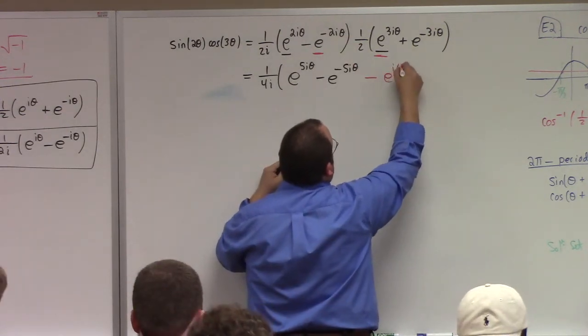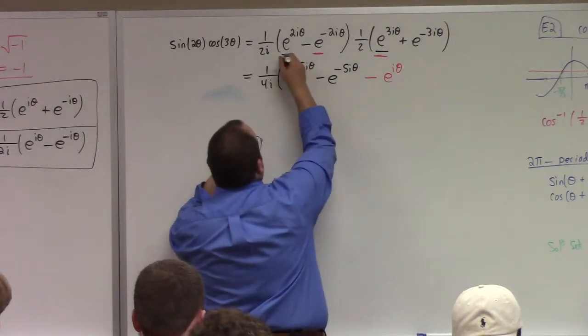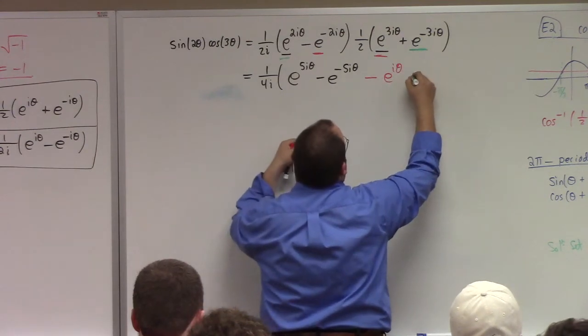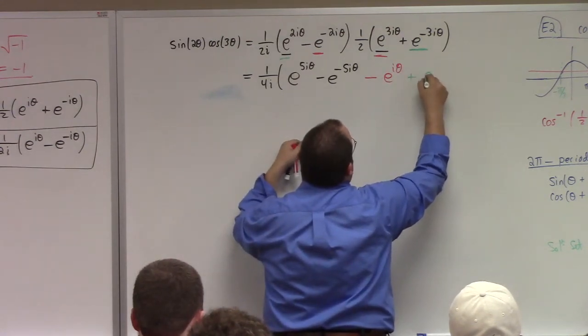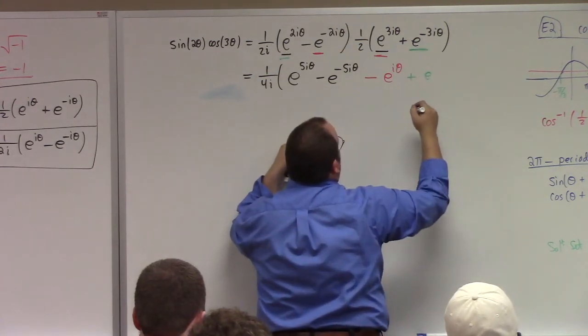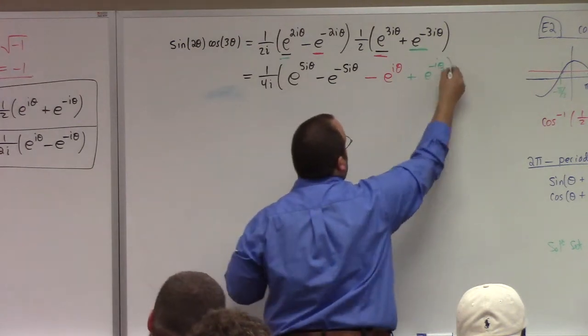So e to the i theta. And then this one times that one, minus 3 plus 2 is minus 1. So e to the minus i theta, right?